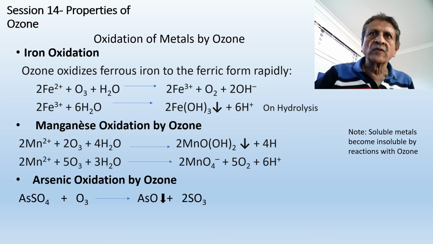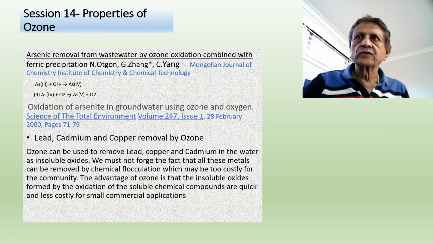Ozone can also remove arsenic in the water by oxidizing and getting arsenic oxide, which will become a precipitate, and we should be able to filter it off. For those who are interested, I have provided two references for arsenic removal from wastewater and oxidation of arsenite in groundwater using ozone and oxygen.